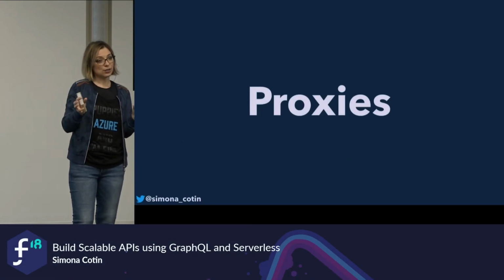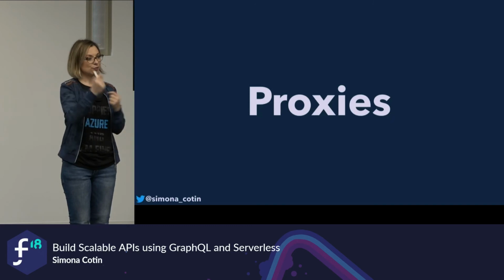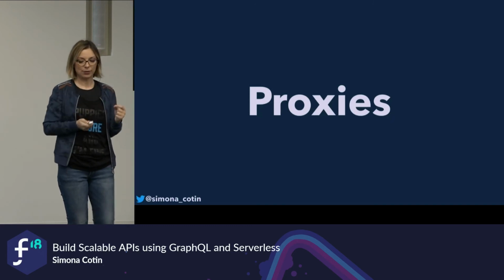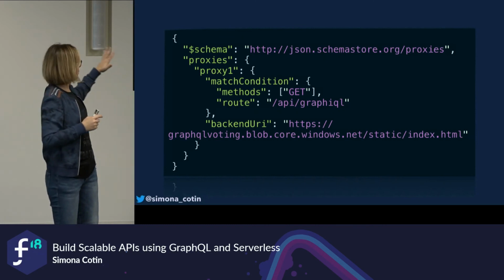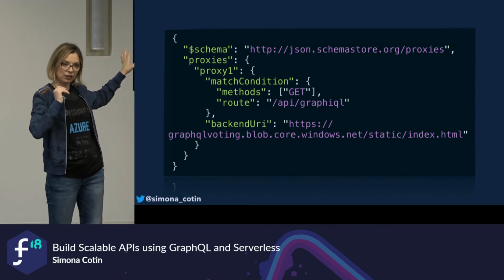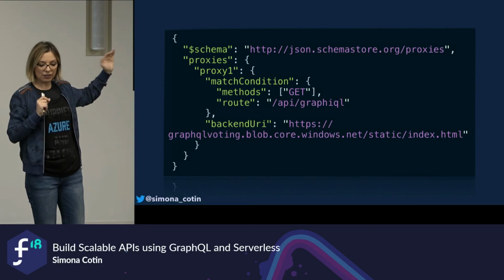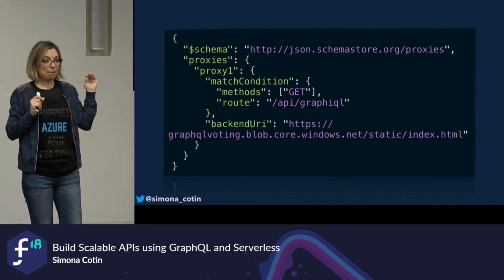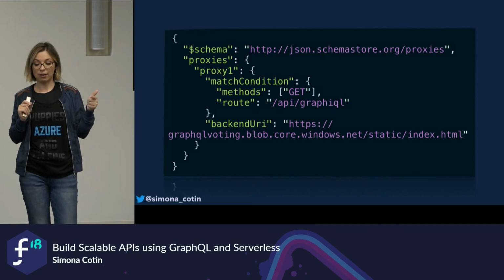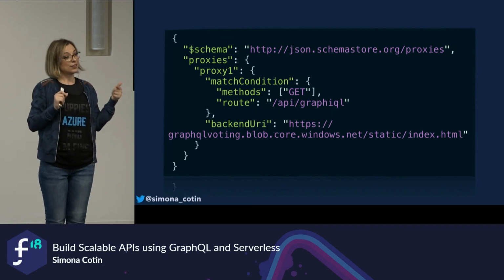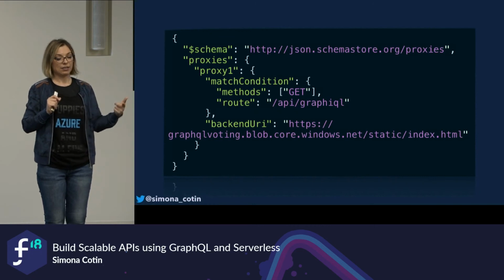It basically allows us to use the same URL for different function apps and for different URLs. So in this case, this is a JSON file that sits alongside your function app, and I have a list of proxies that match a method and a route, and then redirect the request to a URL that I can give it.